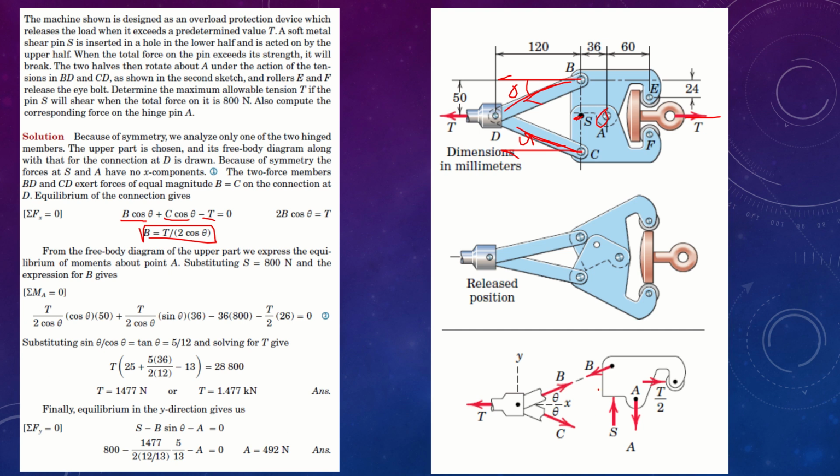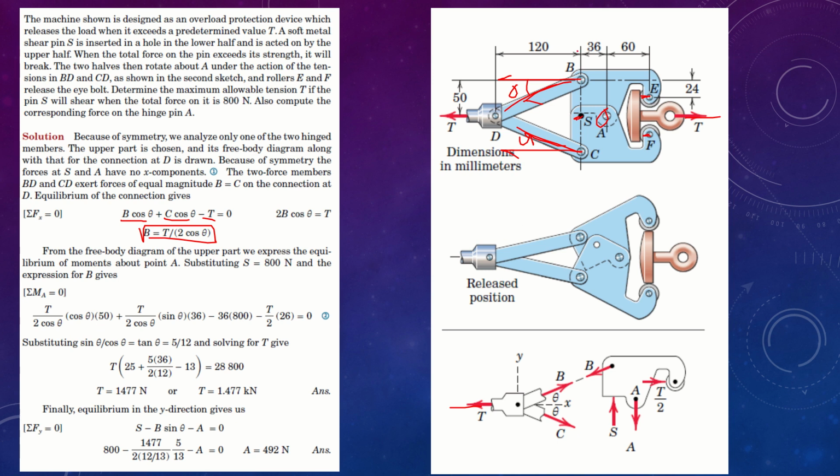Since the same amount of T is being passed right here, half of the T is acting on roller E and the other half is acting on roller F. It's a simple equilibrium problem, as you can see. So we have T/2 cos theta times 50 coming from the moment right here.